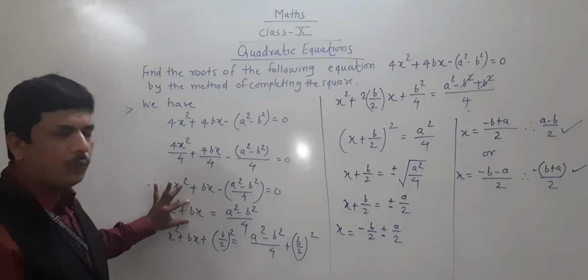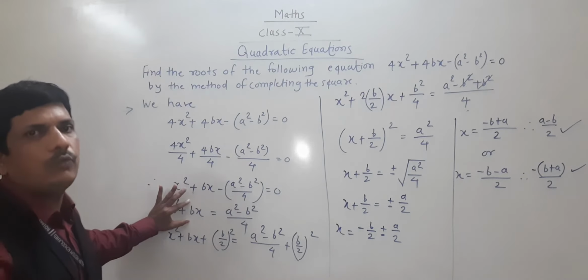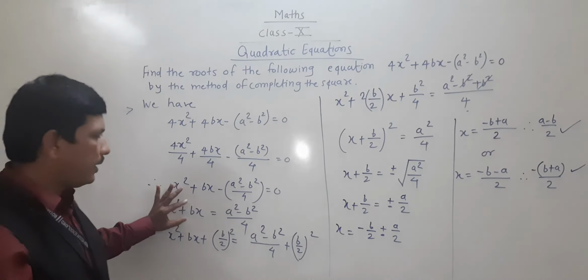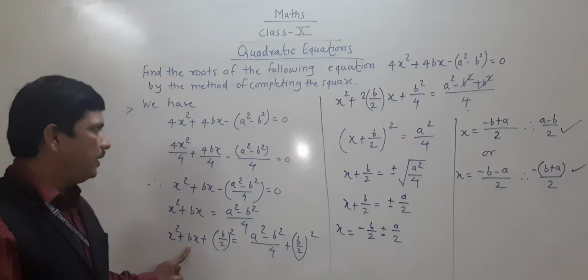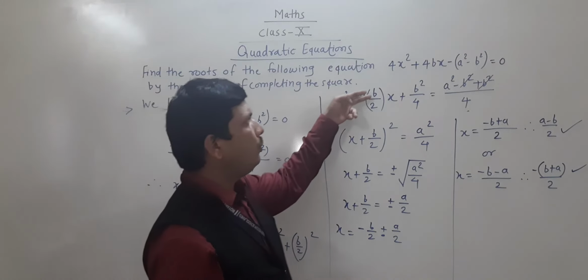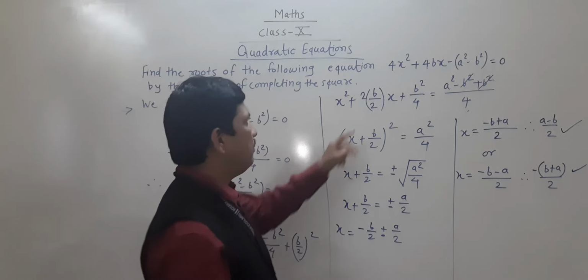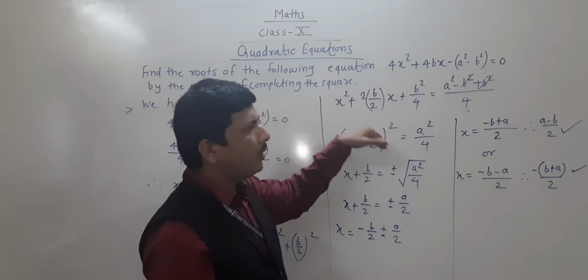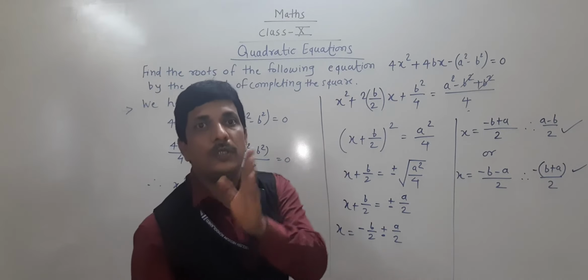We have taken half of the coefficient of x, that is half of b, that is b/2. We have taken the square of b/2, that is (b/2) squared, and added it in the LHS and RHS. Then this x term we have written as 2 into b/2. The term is the same here. Why have we done this? To bring it into the proper form, (a + b) squared, a squared plus b squared plus 2ab.